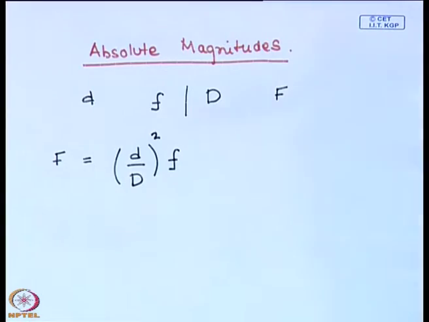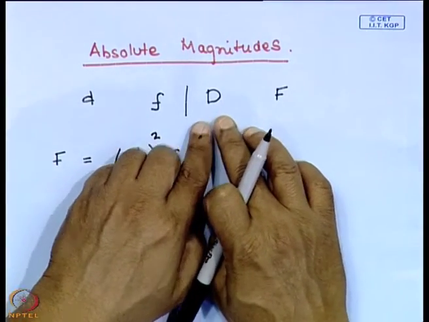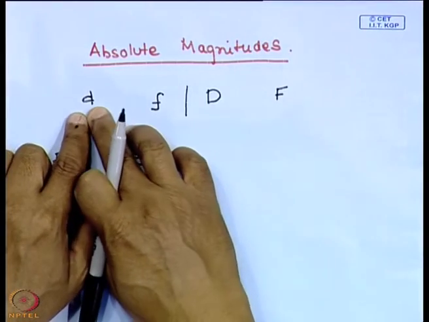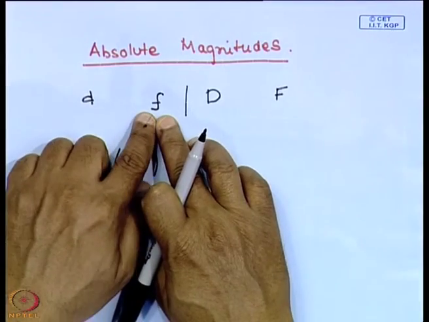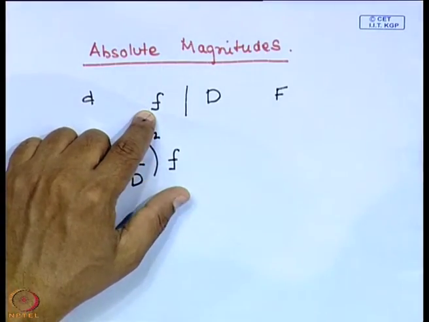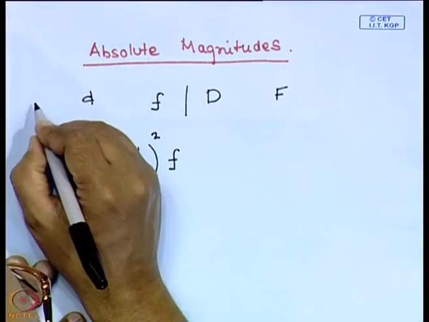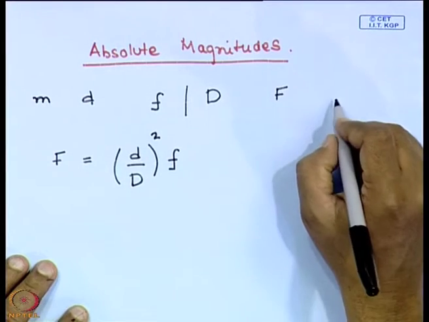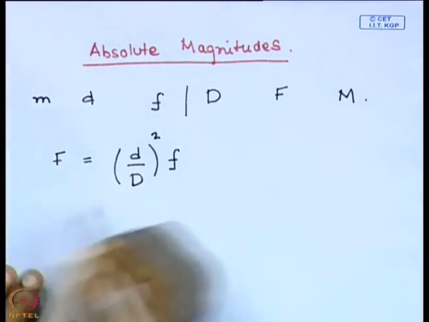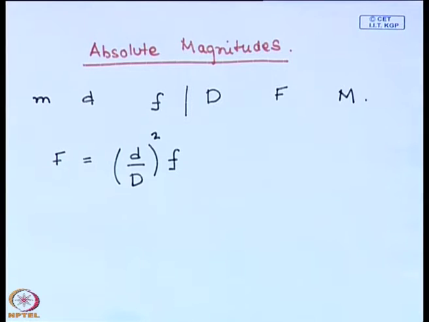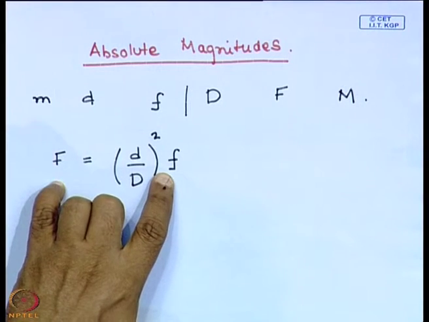Now, let us use this and ask the question, what if my source at a distance small d has an apparent magnitude small m. What is the magnitude corresponding to this? All that we have to do is take log of both sides and multiply with minus 2.5, and the constant will cancel out, it will appear for both of them.